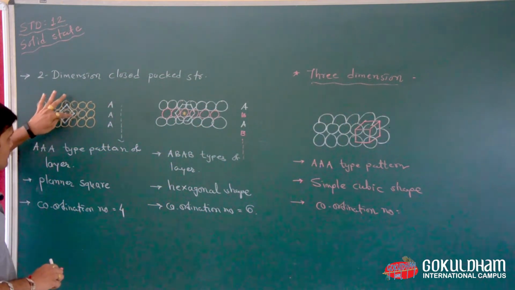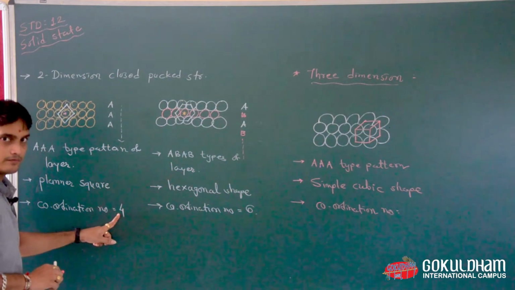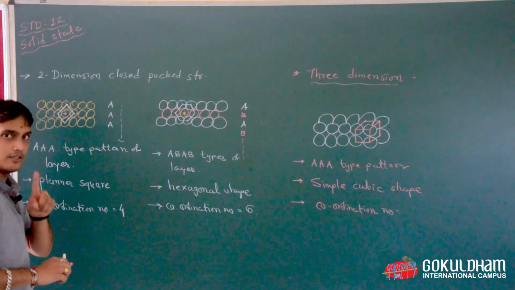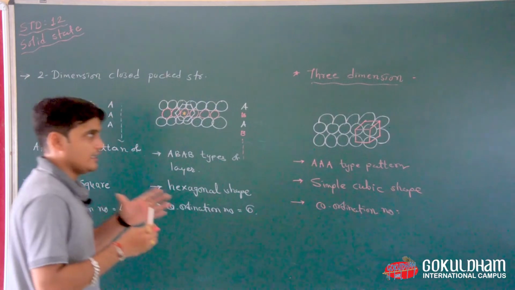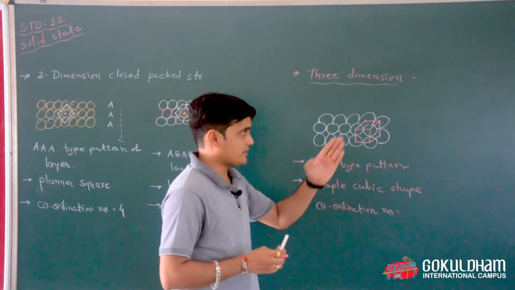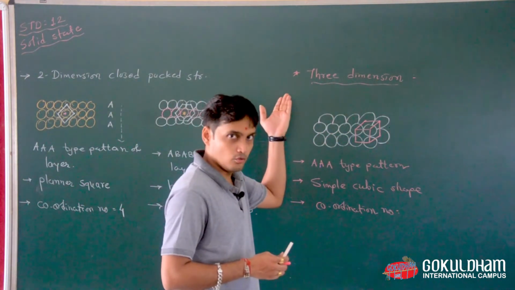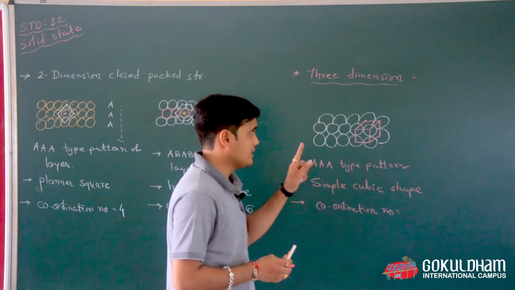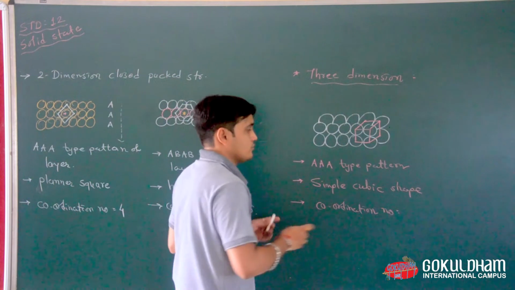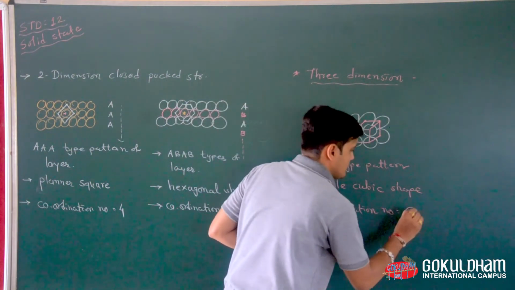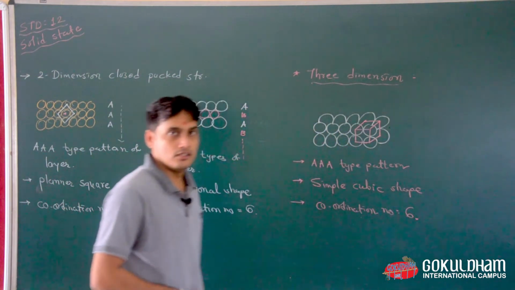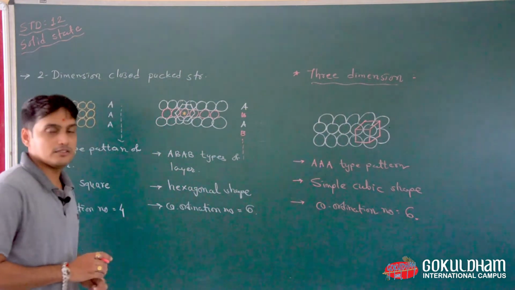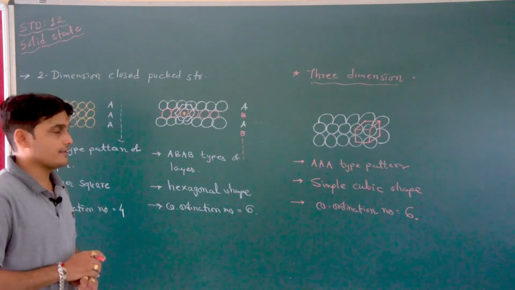The coordination number 4 is there. Now you have one possibility to increase the layer from the upper side and lower side. So another 2 molecules are attached with the center atom. So the coordination number for this is also 6 in the 3-dimension structure. Okay, thank you.